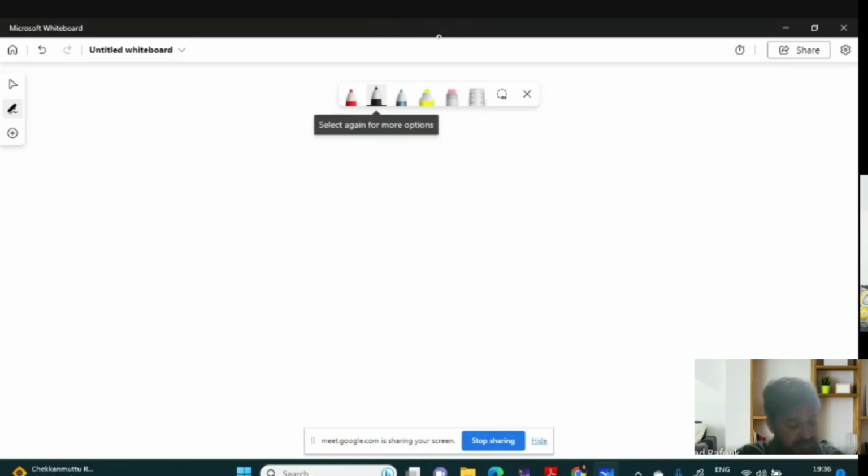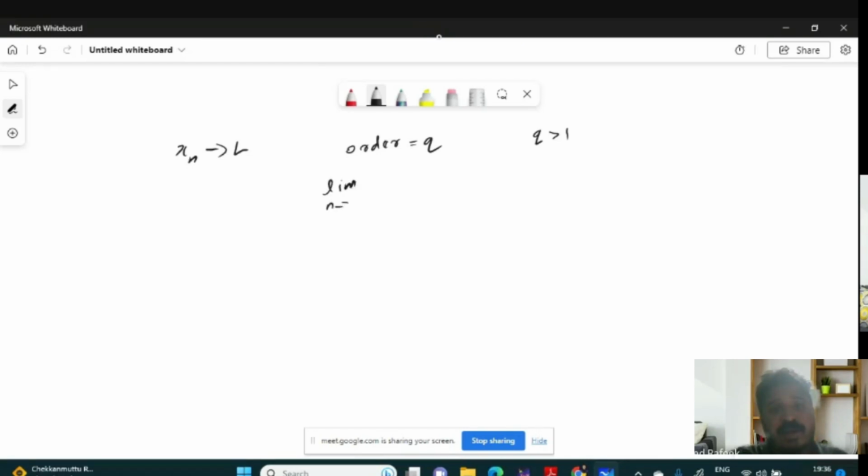Convergence of iterative method: the sequence x n converges to L with the order equal to q, of course for q greater than 1, if you have limit n tends to infinity modulus of x n plus 1 minus L divided by mod x n minus L whole power q. This limit should be finite.